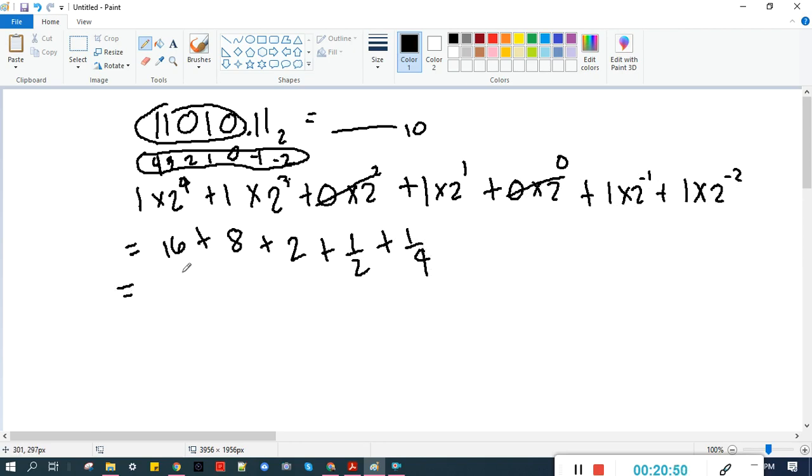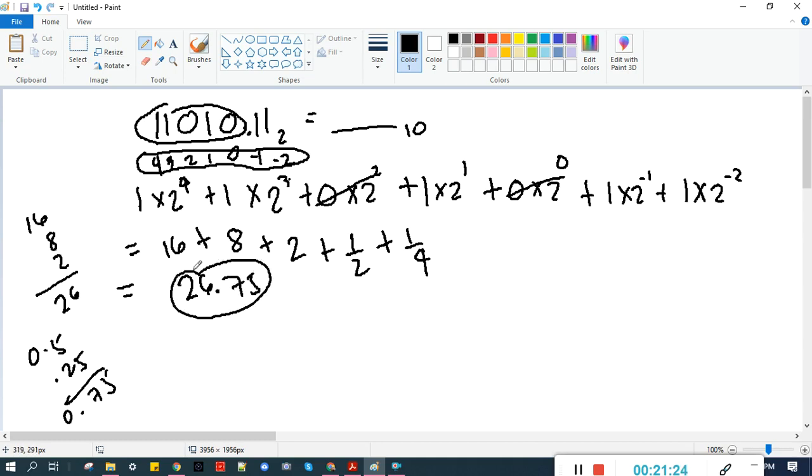So 16 plus 8 plus 2 is 26. 26 point, that's 0.5 plus 0.25, 26.75. This is base 10.